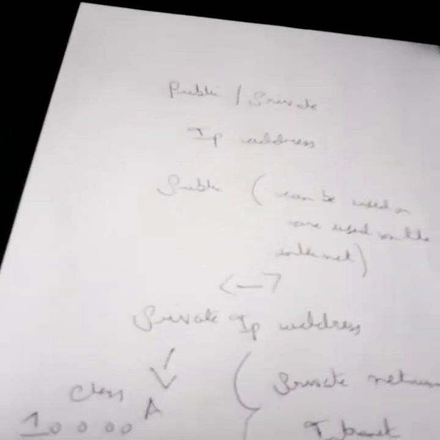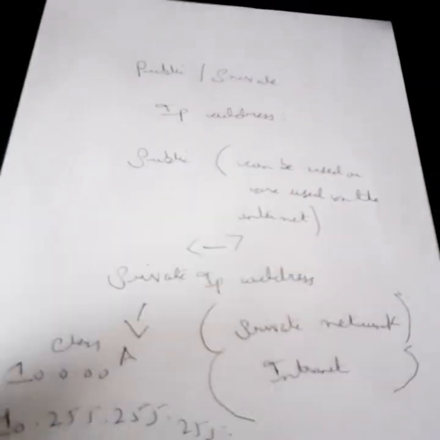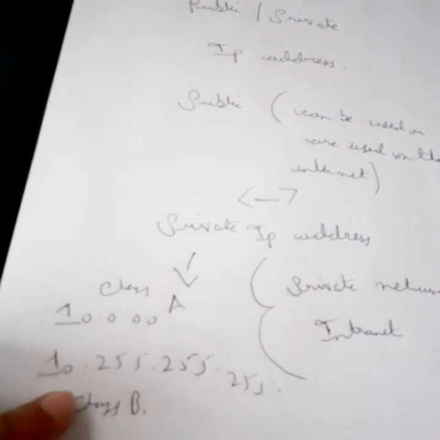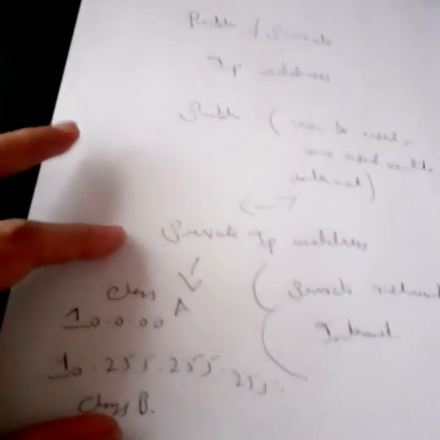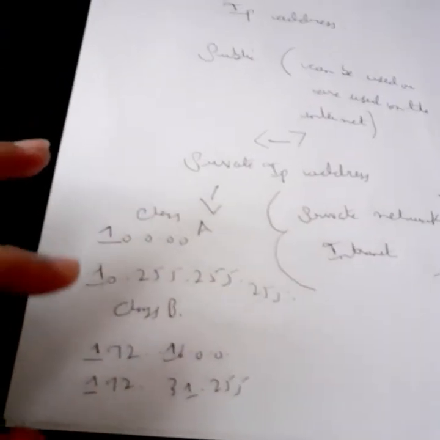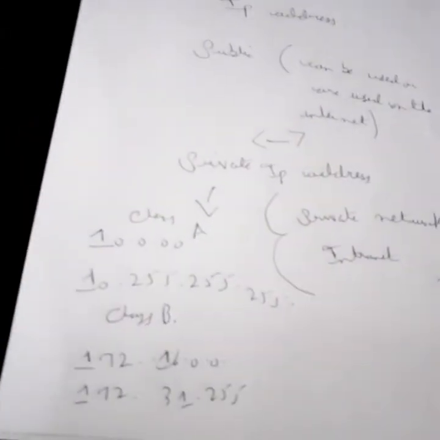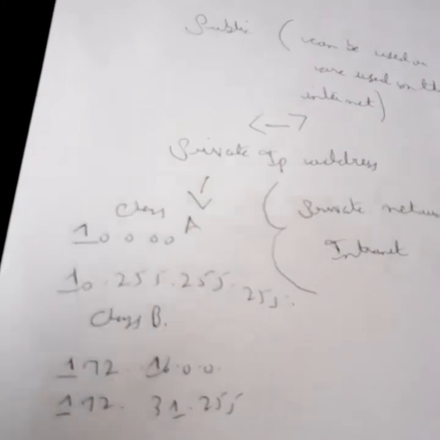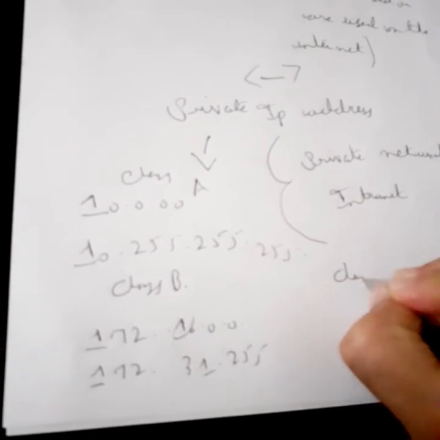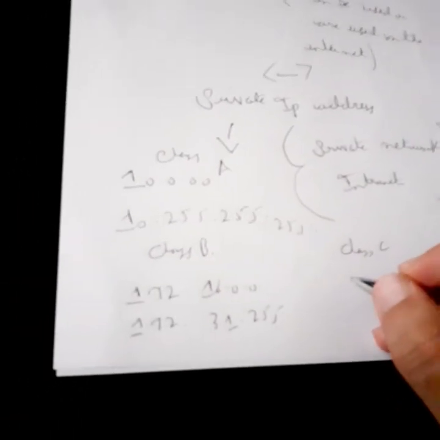They might not look very useful, but once you are doing your exams, or as an engineer, you should know your ranges. Class A and class B are mostly used, but in some places they might use class C as well.